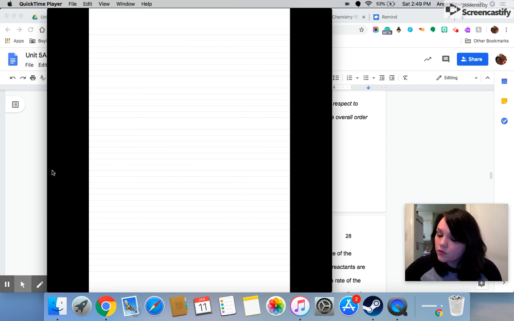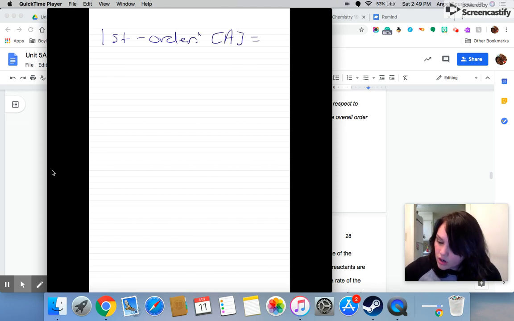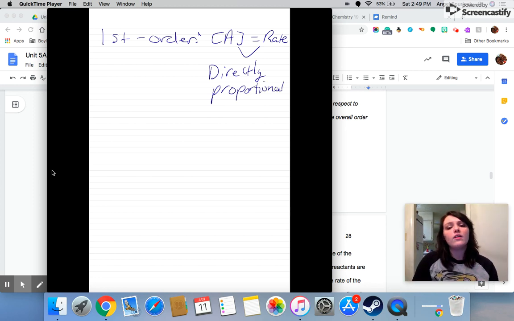You can also have a first order reactant. A first order reactant means that rate and concentration are directly proportional. So if you double the concentration of that reactant, you will double the rate of the reaction.